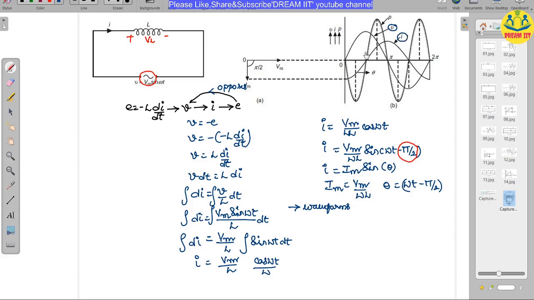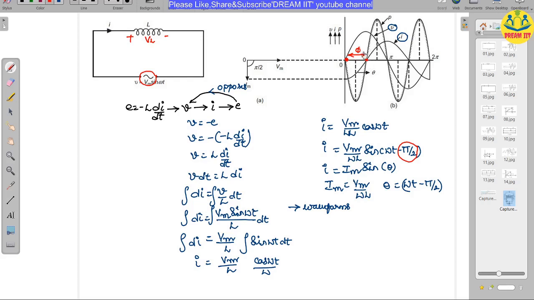The current starts with some delay, and that delay is called the phase difference. So there is a phase difference between the voltage waveform and the current waveform.